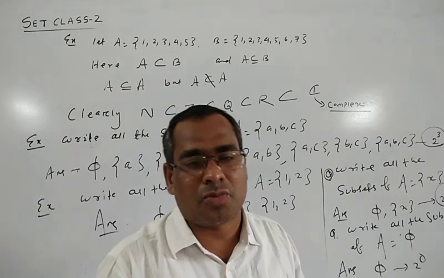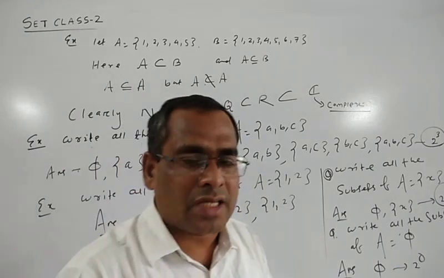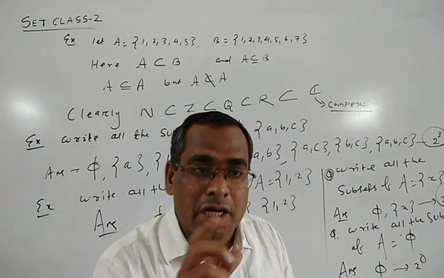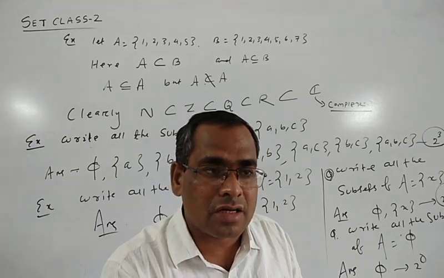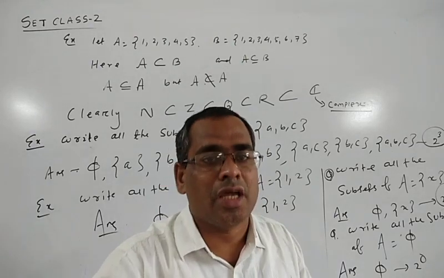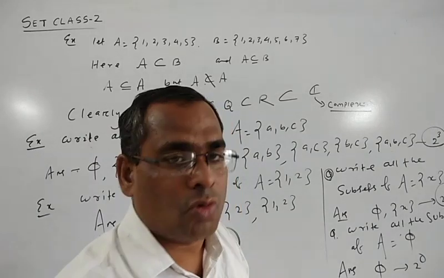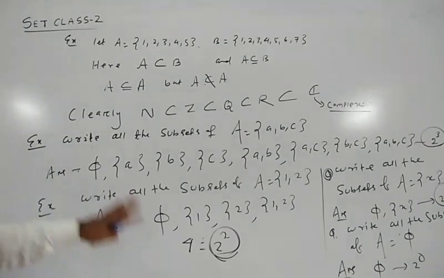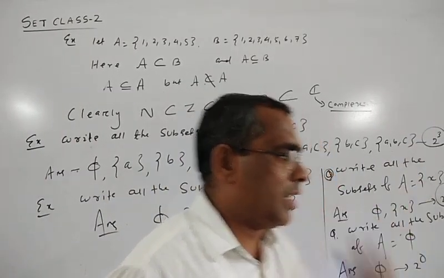It is not possible to write all the subsets. But how to make them? First you write phi, then you create subsets containing a single element, then subsets containing 2 elements. In this way you can create all 1024 subsets. Okay, do you understand? So this is the formula for the number of subsets of a set containing n elements.